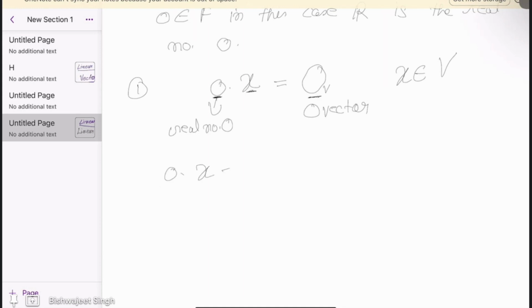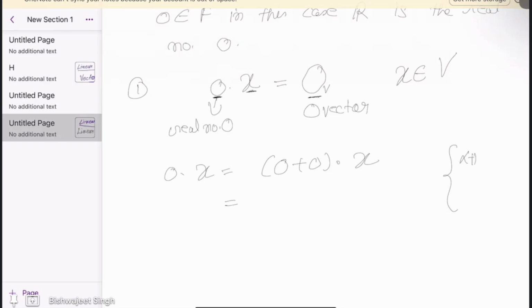0 dot x, we know that 0 is equal to 0 plus 0. So now what property can I use? The property I can use is property 6. What does property 6 say?